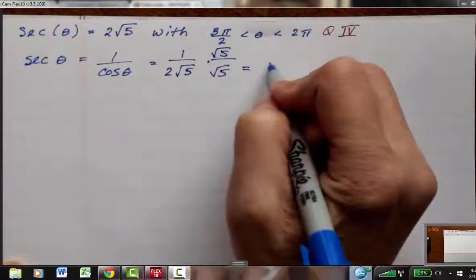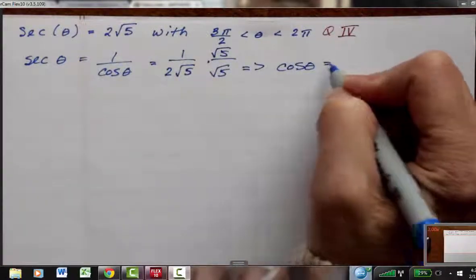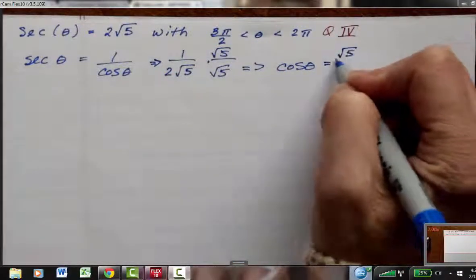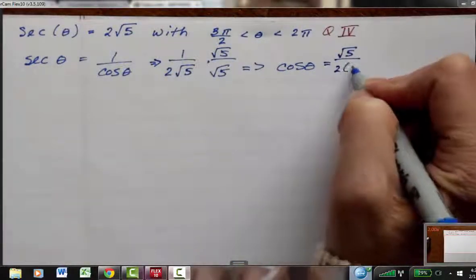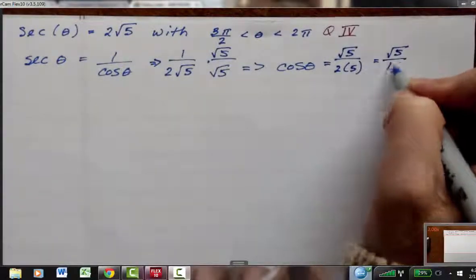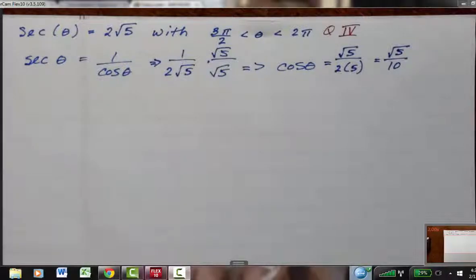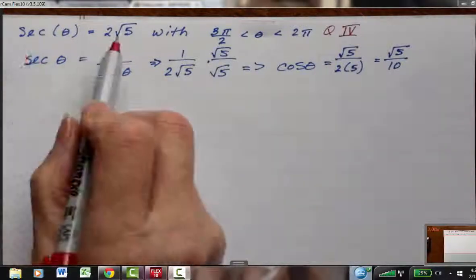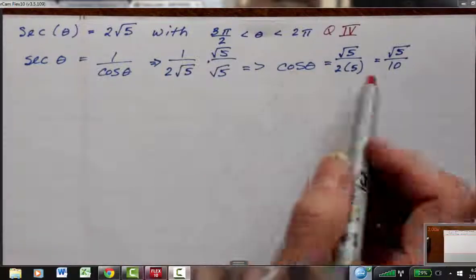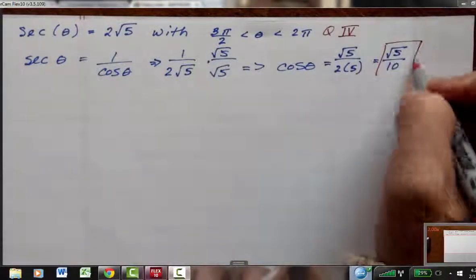And we end up with cosine theta equals square root of 5 over 2 times 5, which equals the square root of 5 over 10. So knowing that we needed to take the reciprocal of this one led me to writing it this way, and then I know what cosine is, and I just had to rationalize my denominator.